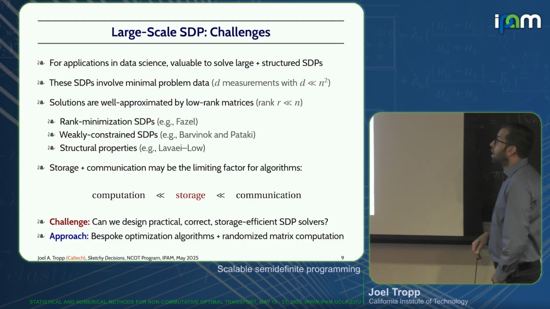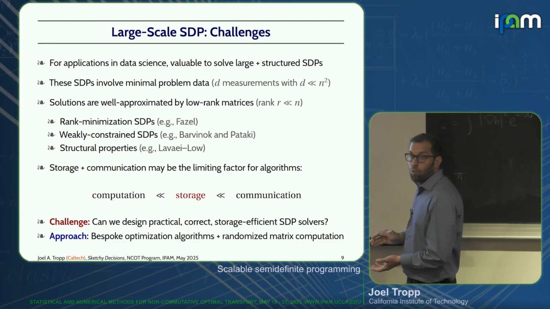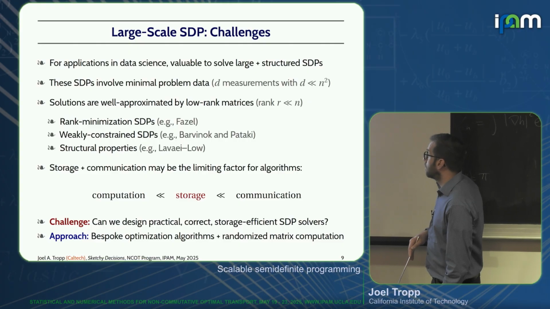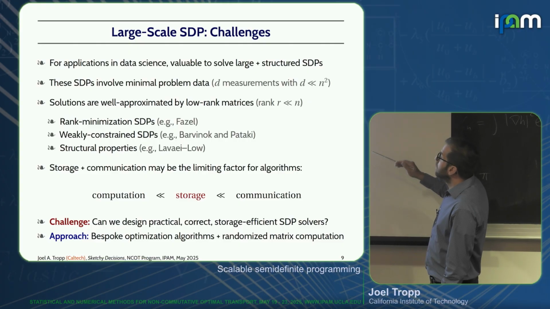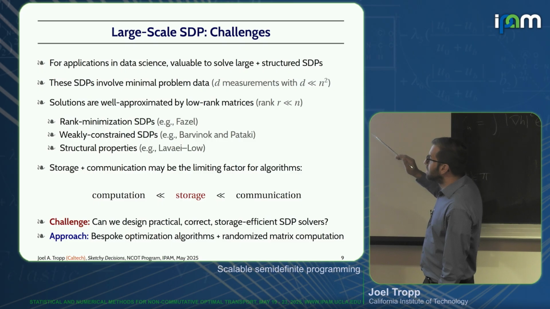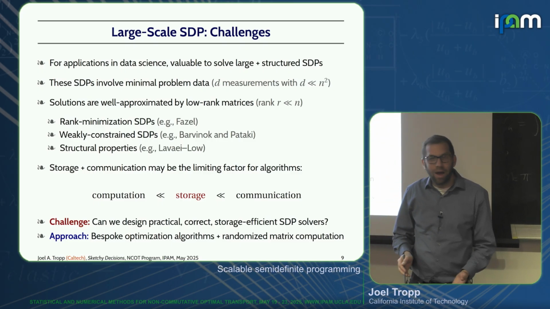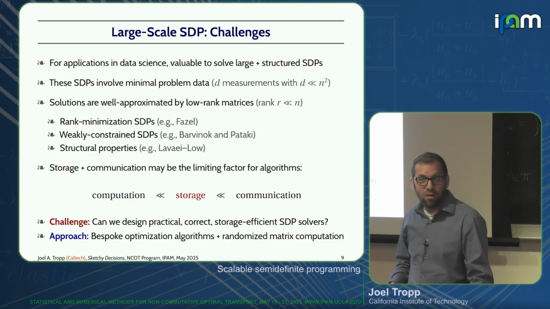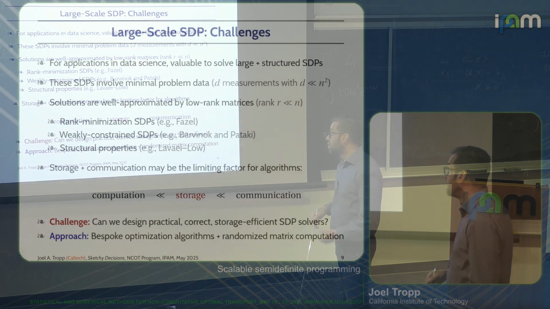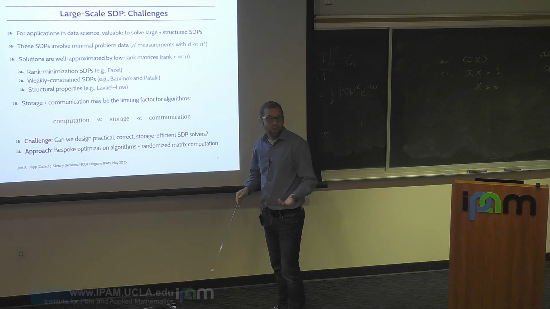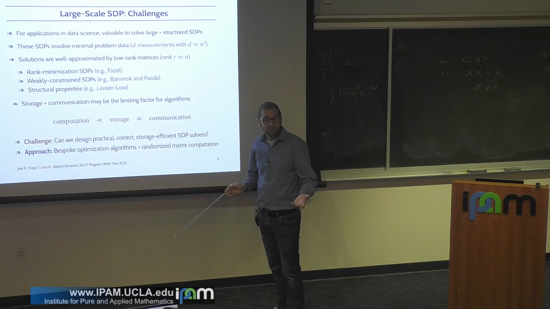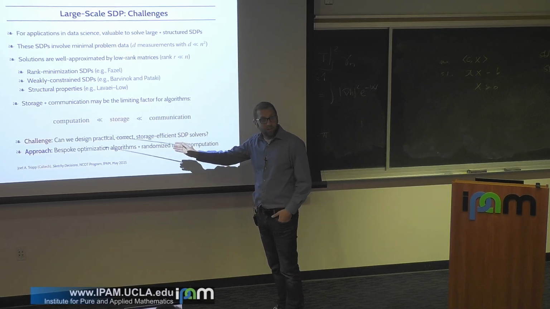Okay? Now, a lot of the time with algorithms solving large-scale SDPs, the limiting factor is not the cost of arithmetic. Okay? So in your laptop, you have a microprocessor that can perform 1 billion floating point operations in a second. And that's more than the number of entries in this matrix. So it's not the arithmetic that hurts.